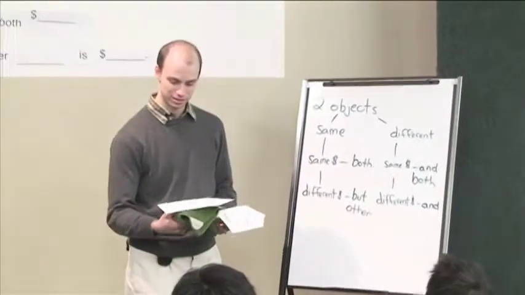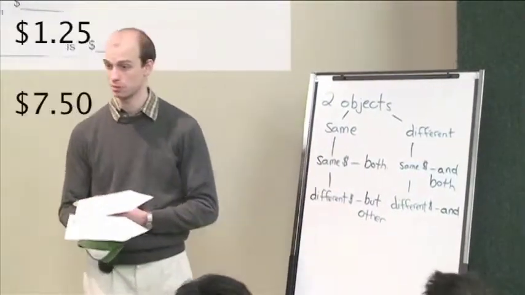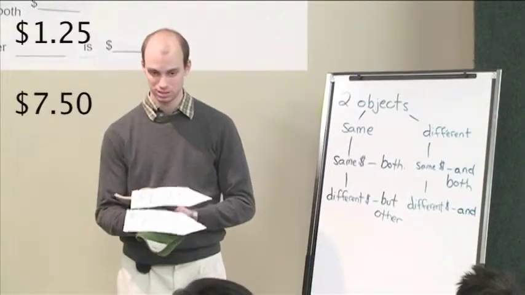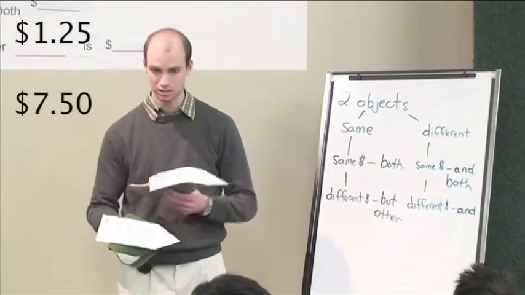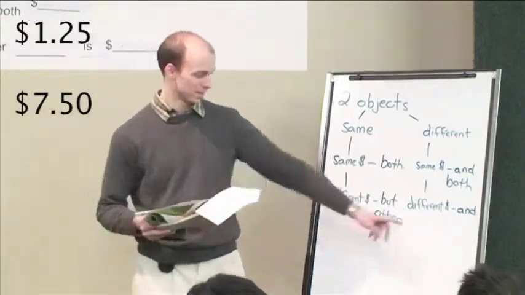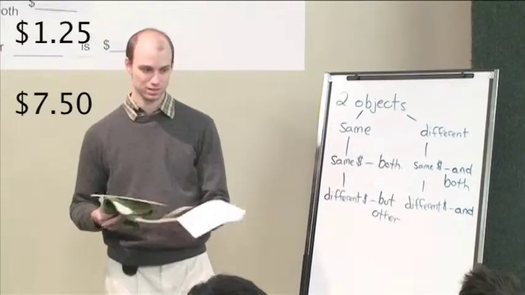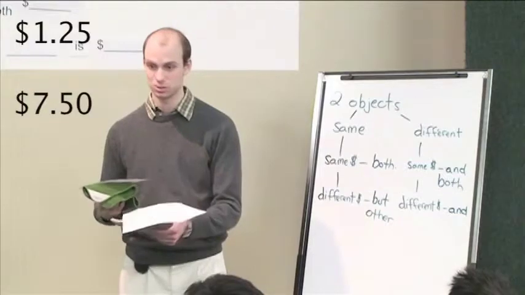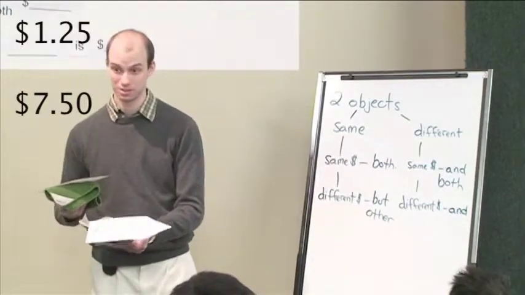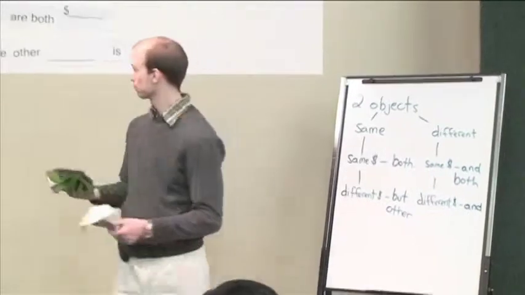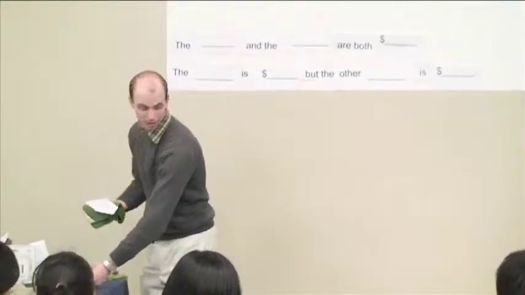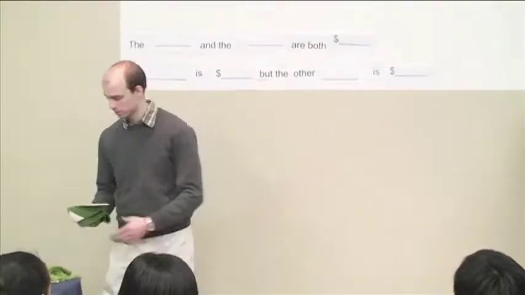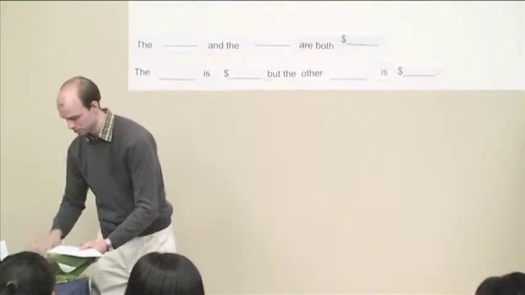What sentence would we use? Can someone help him? The towel is $7.50. Okay. The shoe is $1.25. Good. But the other is if you have two objects that are the same but have a different price.